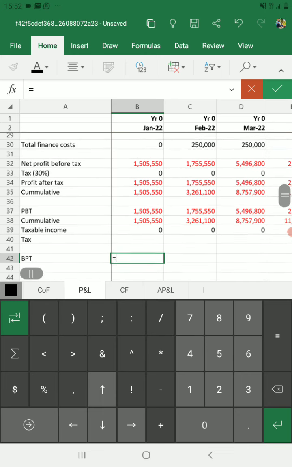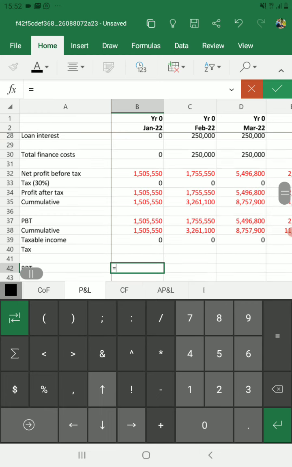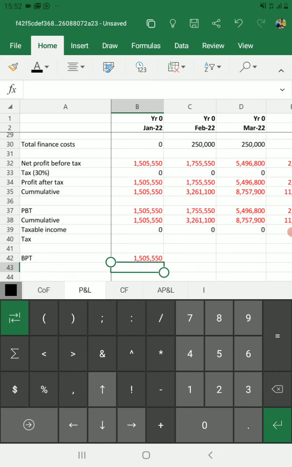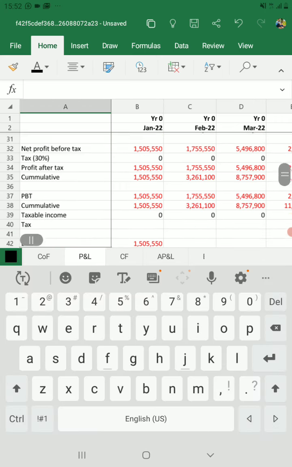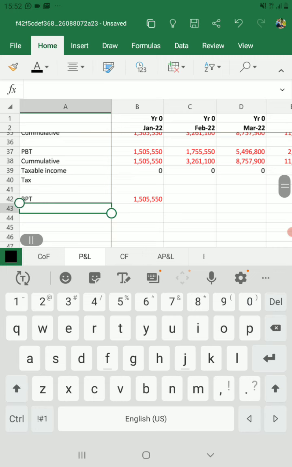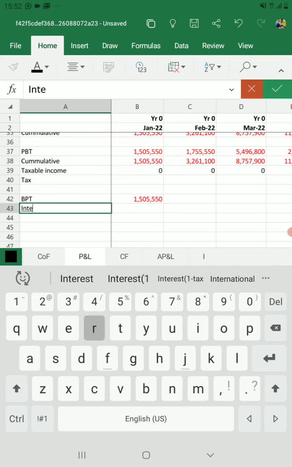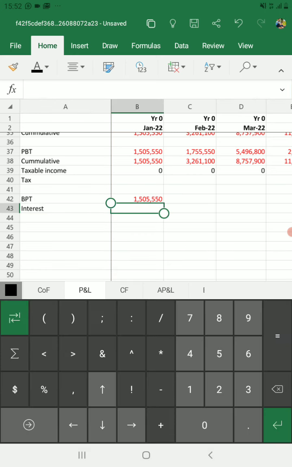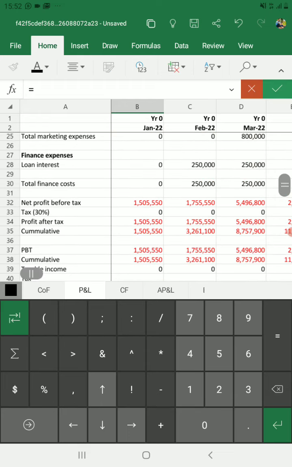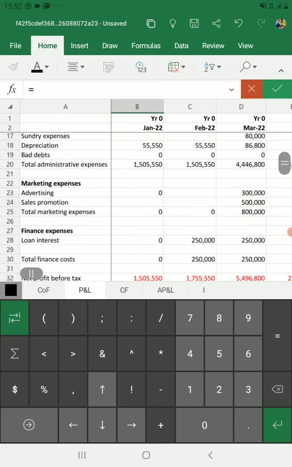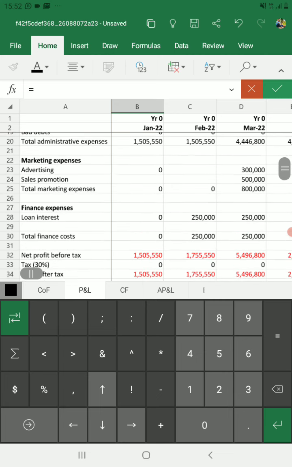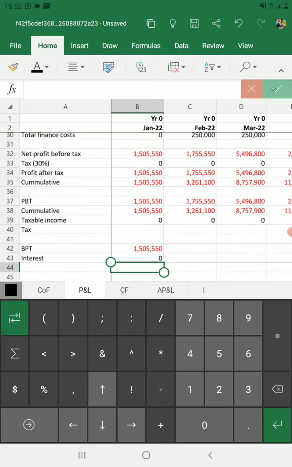We can take this net profit before tax, press enter, and then we put the interest component here. We add back interest to come to our figure of earnings before interest and tax. So it is the loan interest here, press enter.